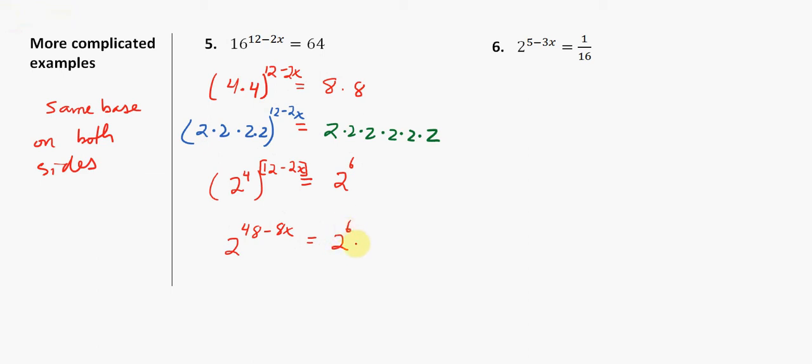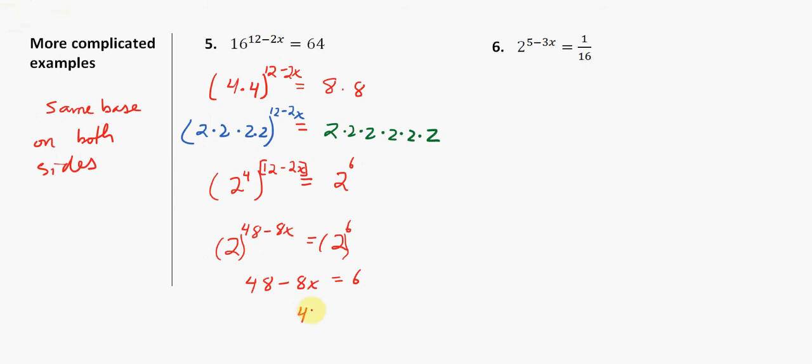And you see here in this case, the bases actually don't matter that much. We just want to get the bases to be equal so that we can set the exponents equal. So because both of these expressions on the left and on the right have the same base, that's 2, we can extract the exponents and set them equal to each other, and now solve what is a relatively simple equation.